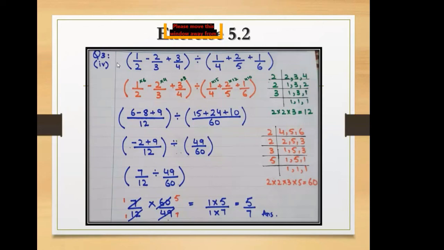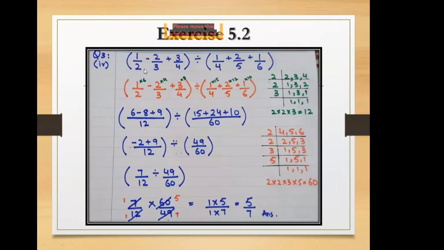Look at this first bracket. We have three denominators in this question, 2, 3 and 4. These are unlike fractions. How are they unlike fractions? Because all the denominators are different. So when we have different denominators, what do we have to do?